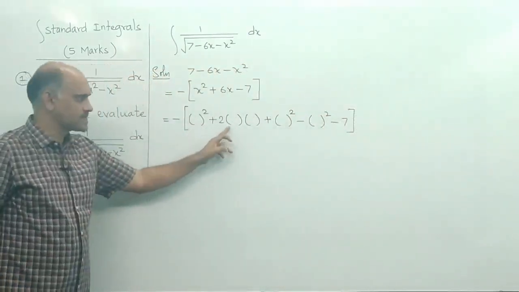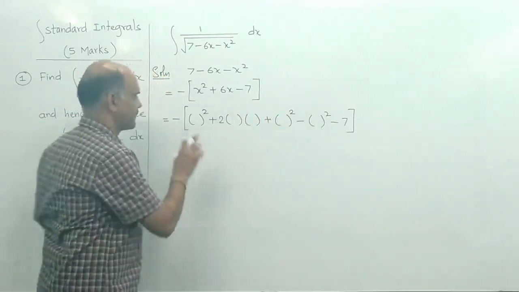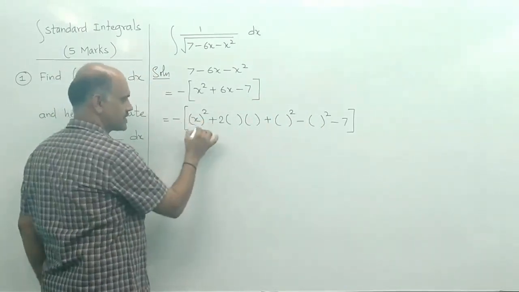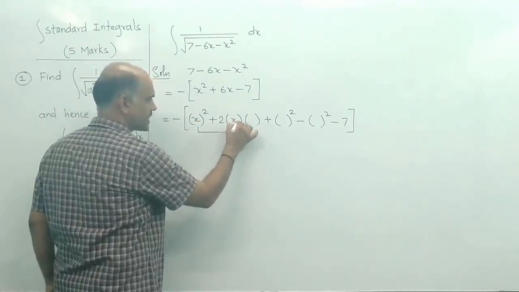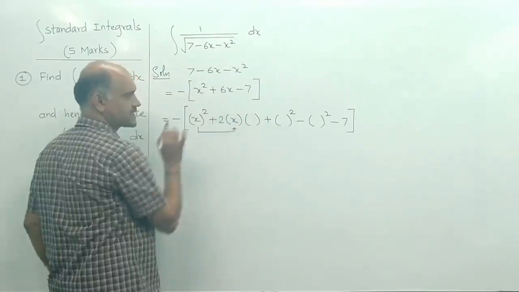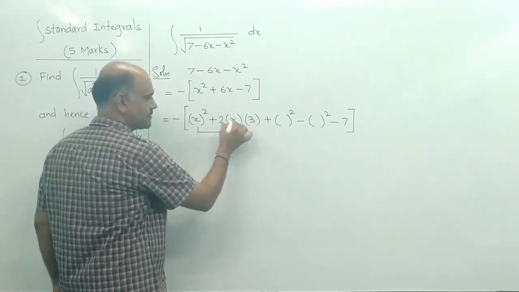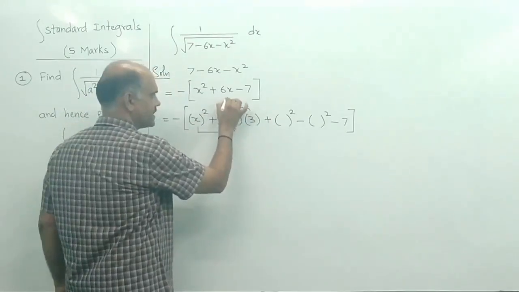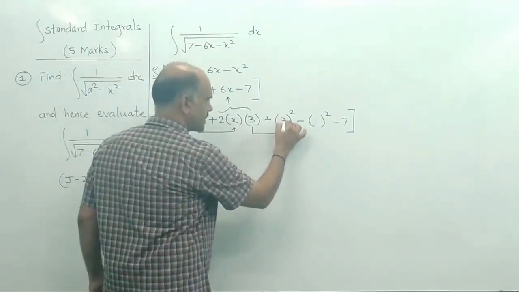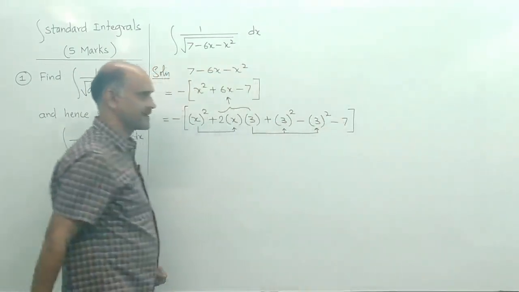Here a square means x square is there, so here you will have x. If you multiply these terms, you should get 6x. So 2 is there, x is there, means here you will have 3. Then this term again will come here, same term minus 7.